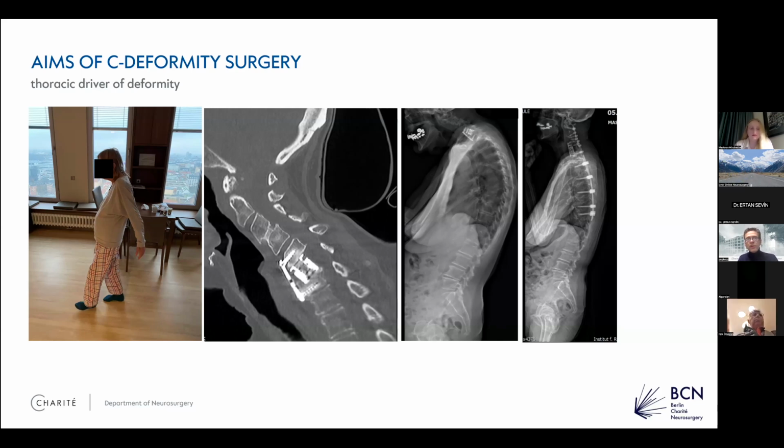So this patient needed to be treated by straightening out the thoracic spine, the upper thoracic spine, with a long construct. We had to revise this cage with a longer plate, a longer cage, and a long construct from C2 down to the mid-thoracic level, in order to really correct the mobile thoracic kyphosis, with some minor osteotomies, some Ponte osteotomies.